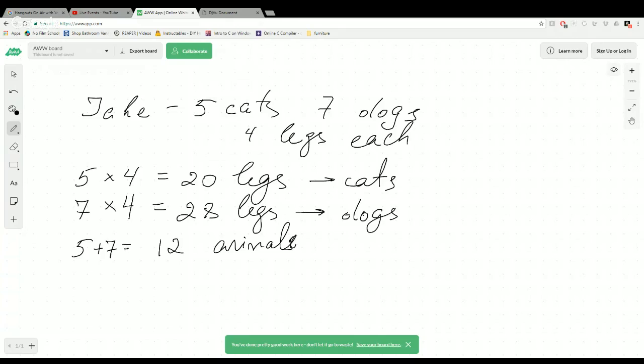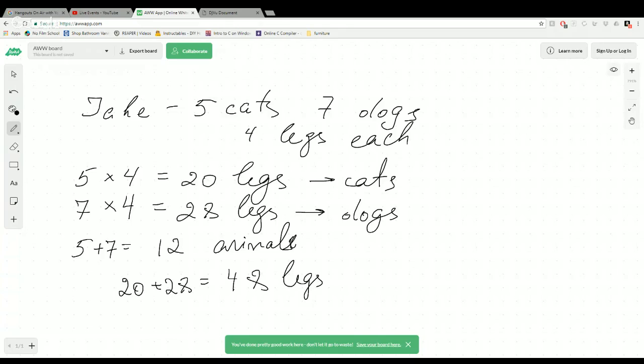Lastly, how many legs total do all the animals have? I have 20 legs coming from cats, 28 legs coming from dogs, and I can just add them. 20 plus 28 is 48 legs.